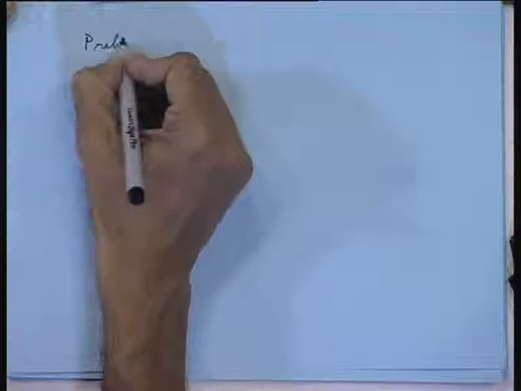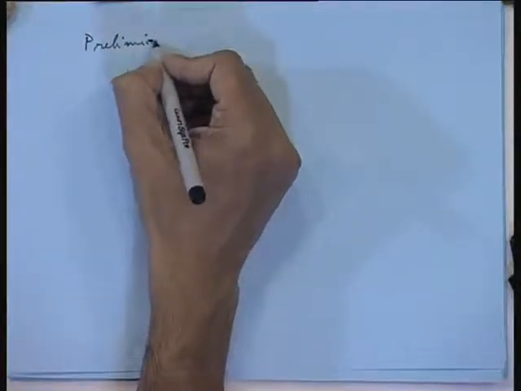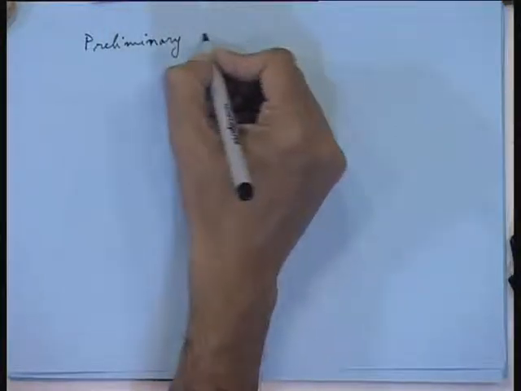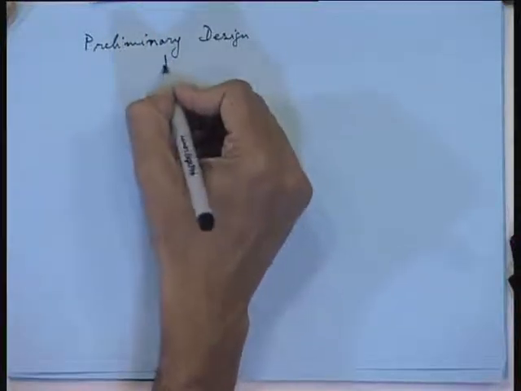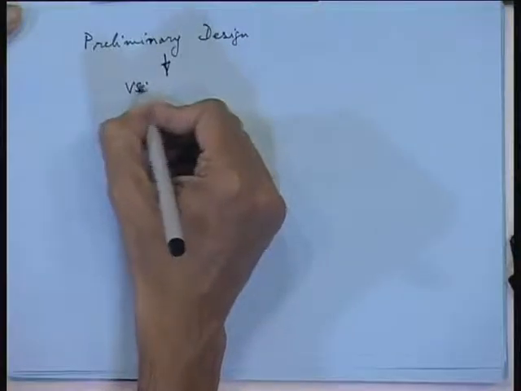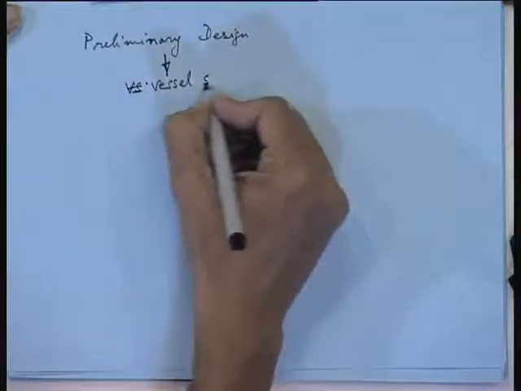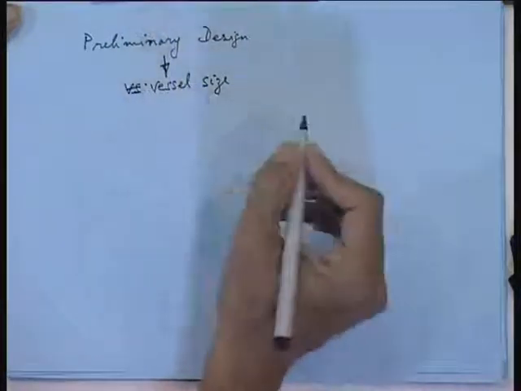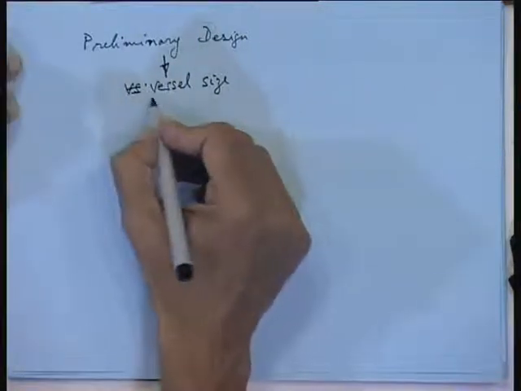So, first you do your preliminary design. This I have already talked about, I think, last class. What is your main objective in preliminary design? Here you fix up the vessel size. So, the main depth, draft, all these parameters are to be fixed here.